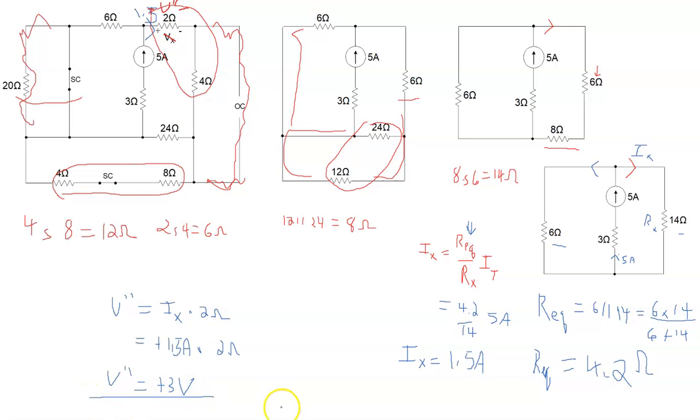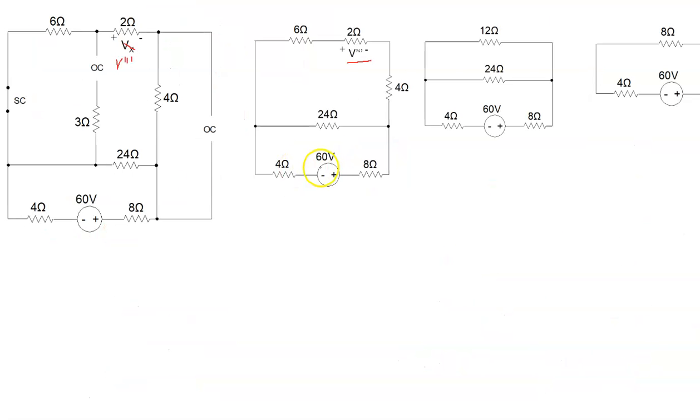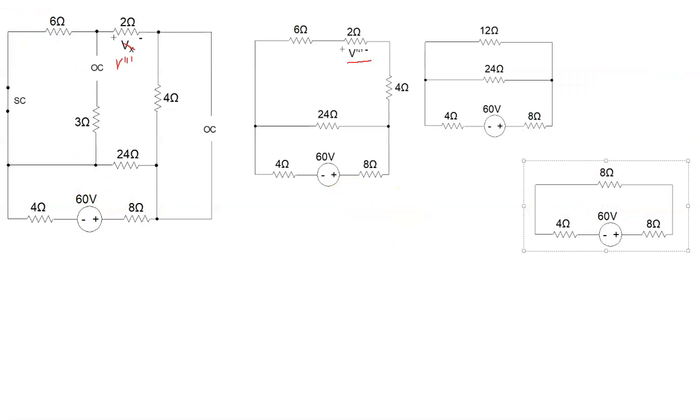So now that means basically that we're half done. Okay, so 2 sources left to think about, and the next one that I decided to do was the 60 volt source. And of course you can do them in whatever order you like, and so now my redrawn circuits, again, let's think about what happens when we consider the 60 volt source.